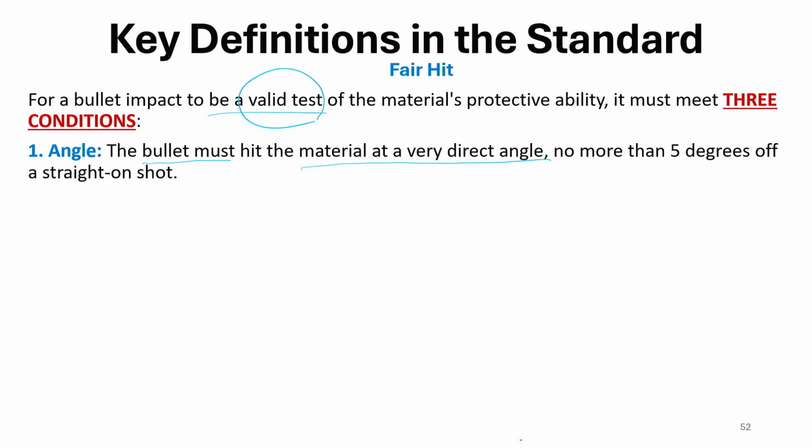This is the panel, and the bullet should hit exactly vertically, at the direct angle. But the allowance is plus or minus 5 degrees. If it is within that range, we will call it a fair hit zone.